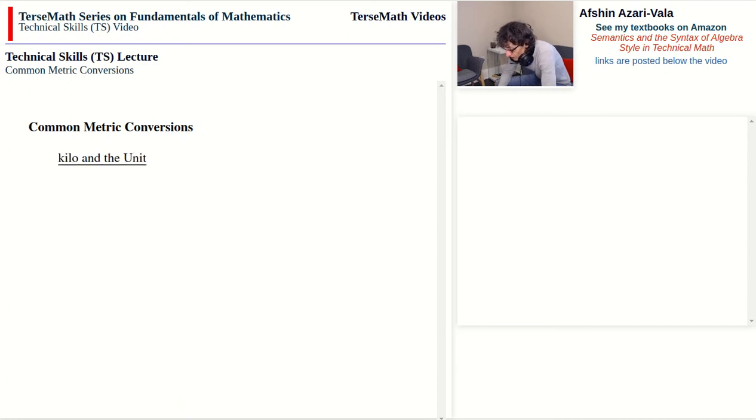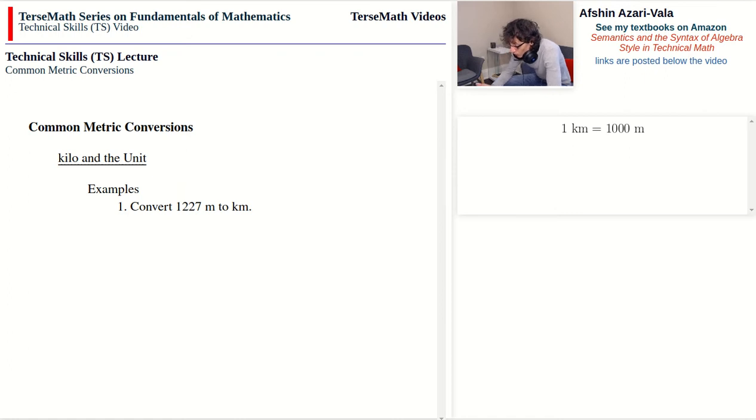The first one is kilo and the unit. And of course, you should know that 1 kilo is 1,000 units. As an example of that, 1 kilometer is 1,000 meters. And so if someone gives me a problem saying 1,227 meters to kilometers, I know so well that 1 kilometer is 1,000 meters that I would quickly put the decimal point between 1 and 2 and say it's 1.227 kilometers.